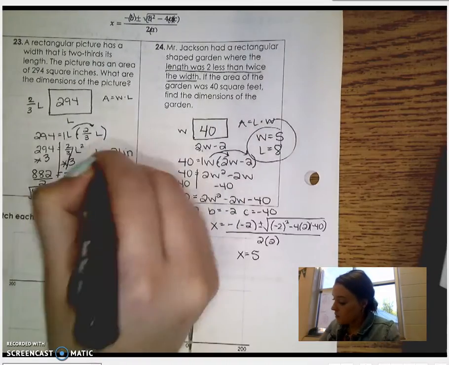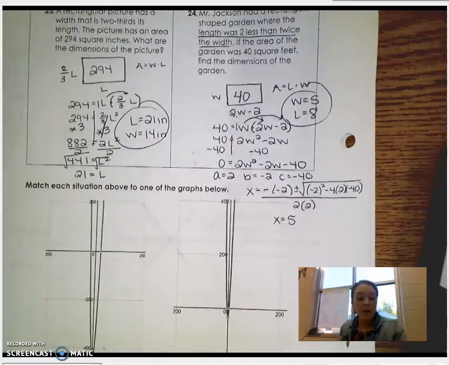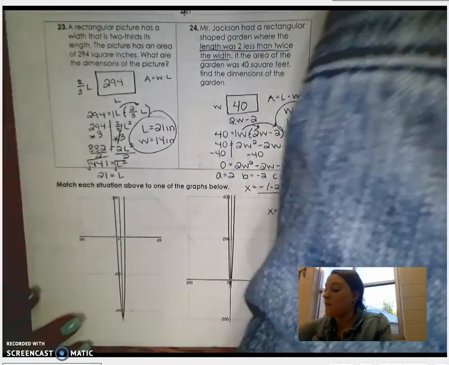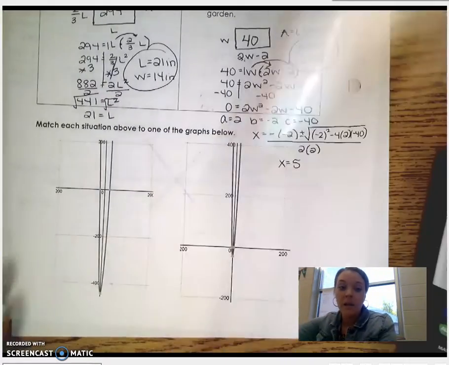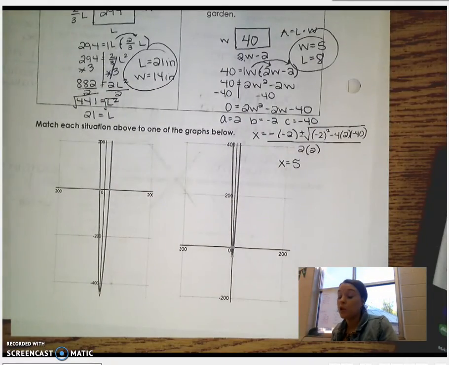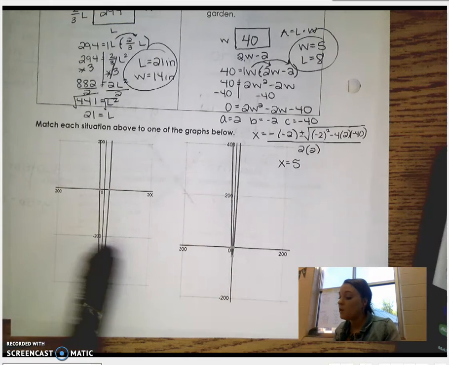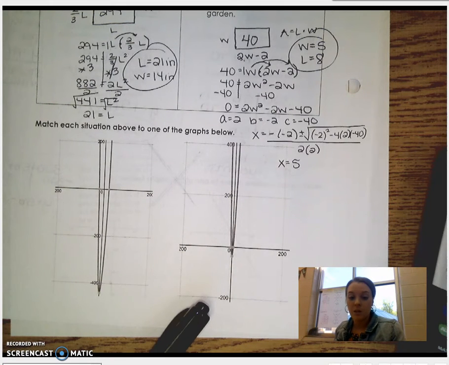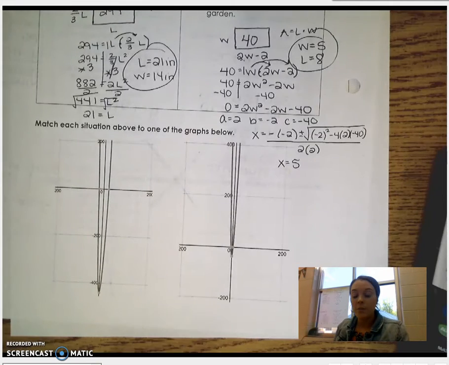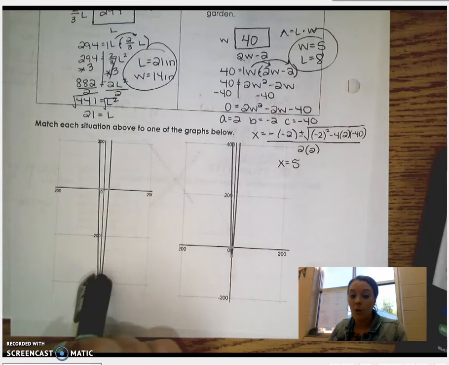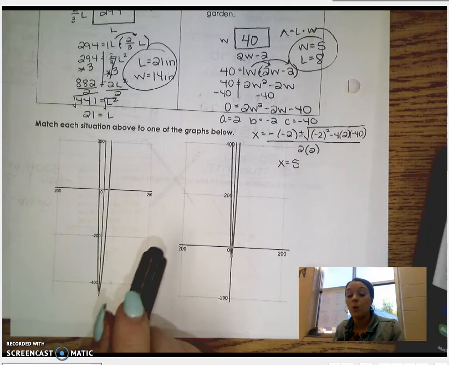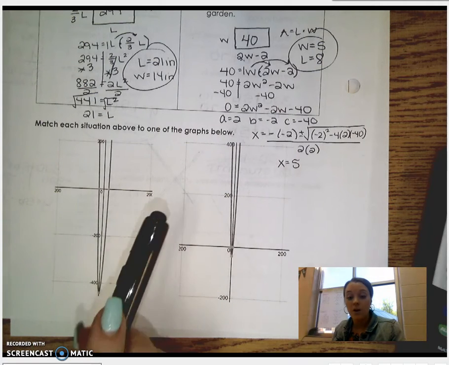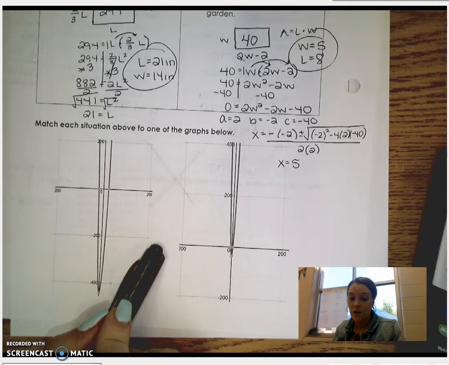So here's my answers. Now, once again, we need to be able to recognize graphs. And because you have your graphing calculator, the best thing to do would be to use it and graph them in your graphing calculator and compare. Now, I want you to be able to notice some key features before you do that. Notice that your y-intercept is always your constant, and that is true for linear functions, quadratic functions, and exponential functions.